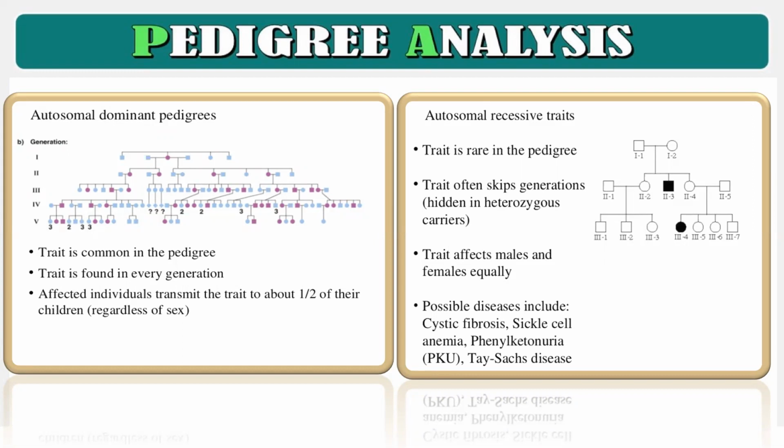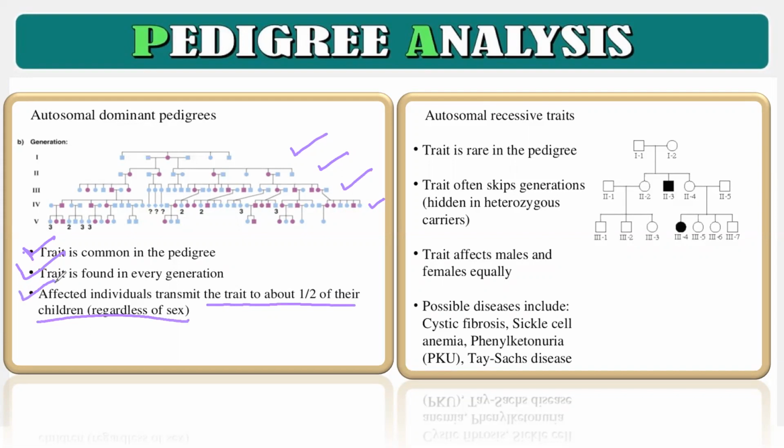As I told you, dominant, in every generation you will find the affected individual. The trait is common because it's dominant, and found in every generation. Affected individuals transmit the trait to about half of their children, regardless of sex.